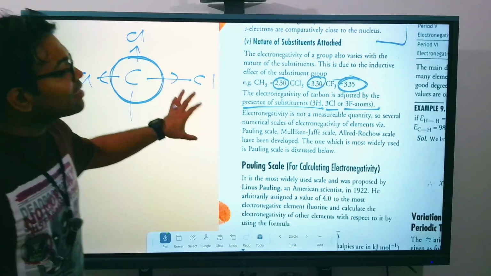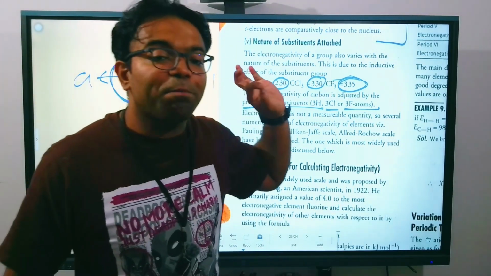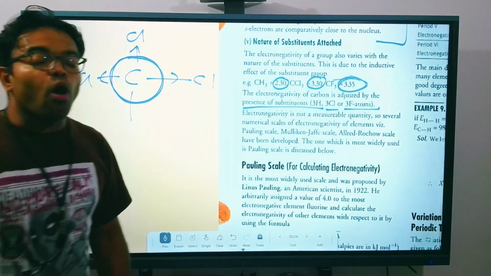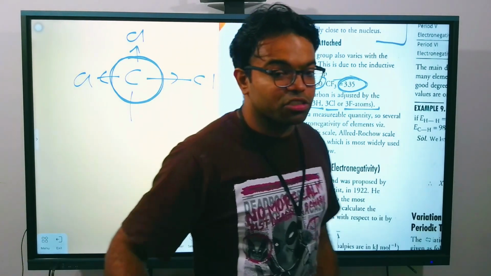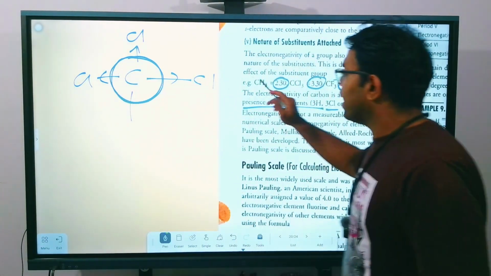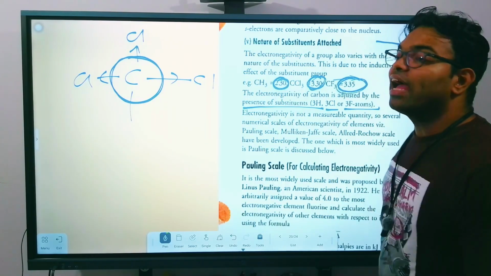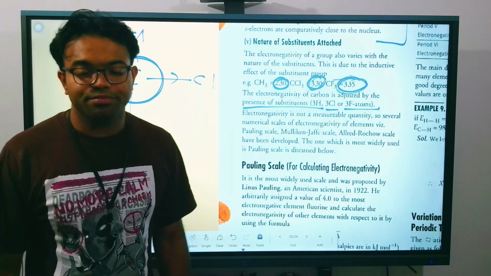Clear? So, the nature of the atoms or the substituents attached to the central atom also has an effect on the effective nuclear charge. When it was hydrogen, the electronegativity was low. But in the case of chlorine and fluorine, the electronegativity has jumped by one whole unit.